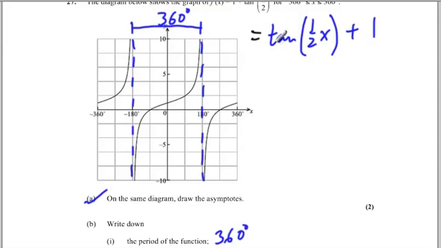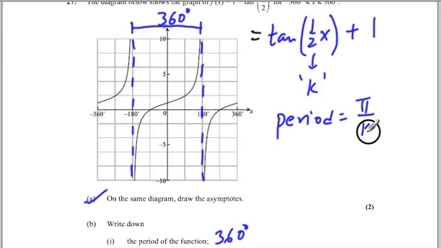Now, here's the second way of doing it. We know that for tan, the regular period is not 2 pi like it is for sine and cos, but the regular period is simply pi. So if you remember, this is our compression factor k. So the period for the tan function is no longer 2 pi over k, but simply pi over k. And remember that pi is also 180 degrees, right?